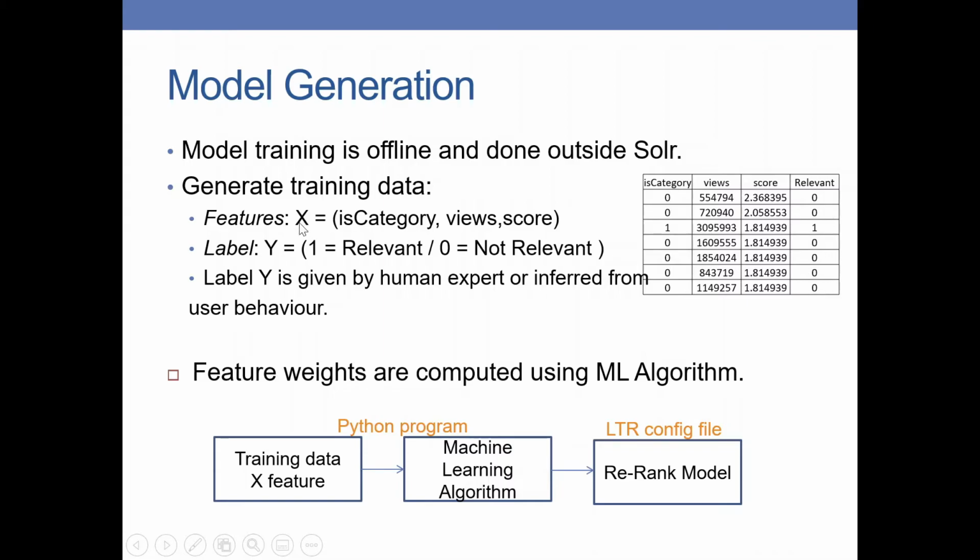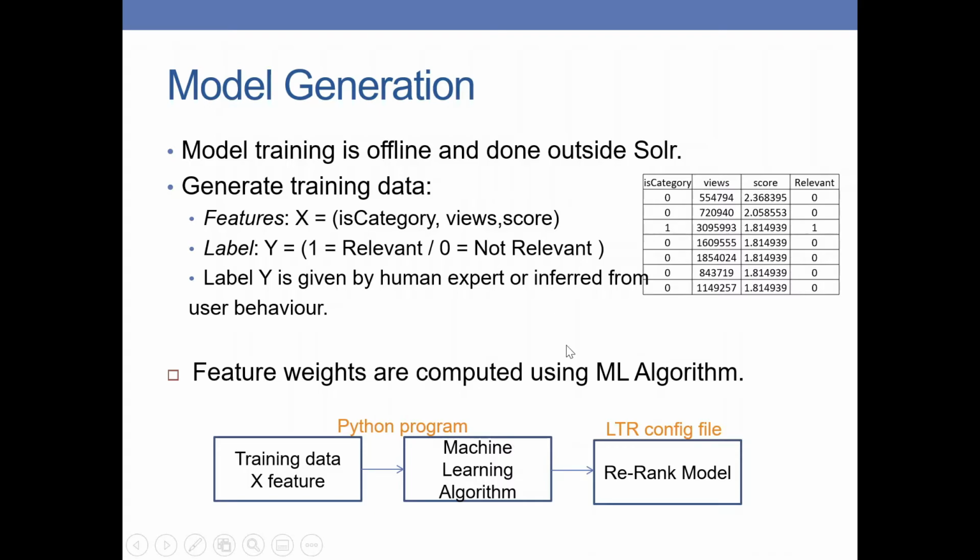So it's equal to human experts manually adding labels for it, or if you have any user behavior which you can capture, that also you can do. Once that is done, your CSV file is created.